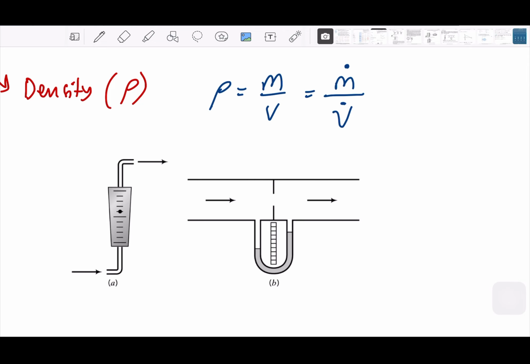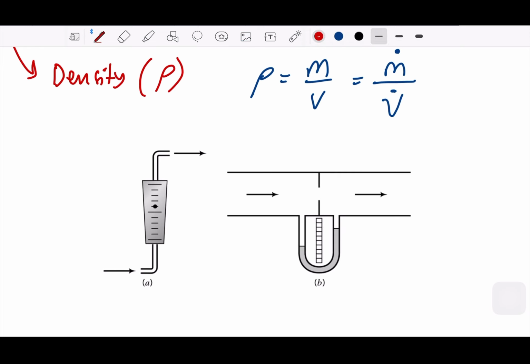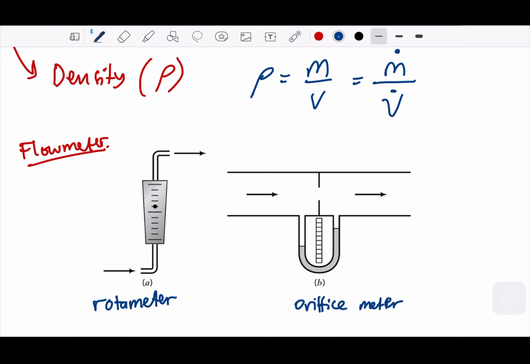Okay, now to measure, we can use what's called the flow meter. The first one is called the rotameter. The right one is called the orifice meter.